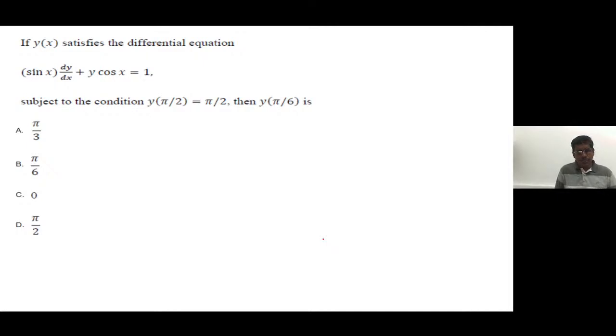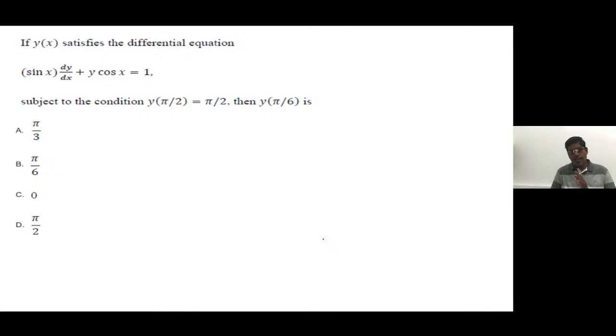So this question is from first order differential equations. Usually a first order differential equation, not all the problems, whenever the problems belong to the categories, say variable separable form or linear equation or Bernoulli equation or exact equation, etc.